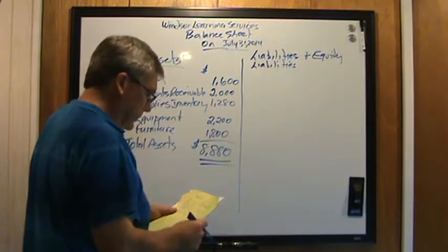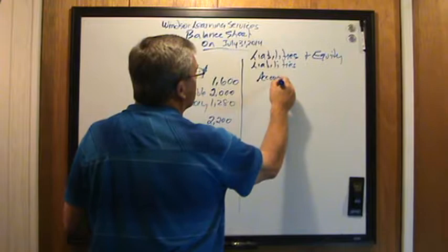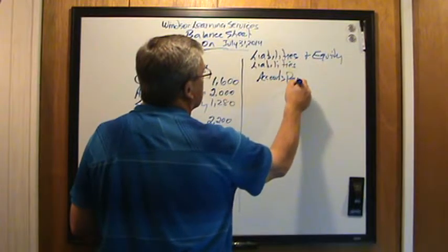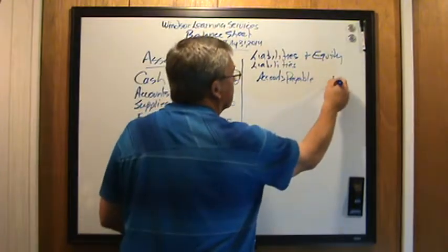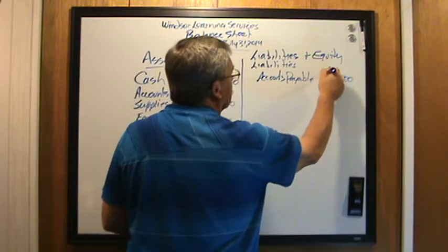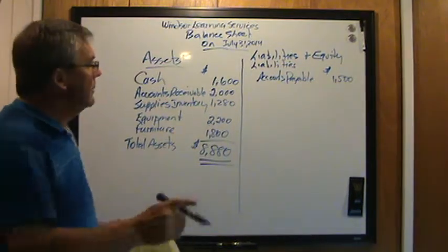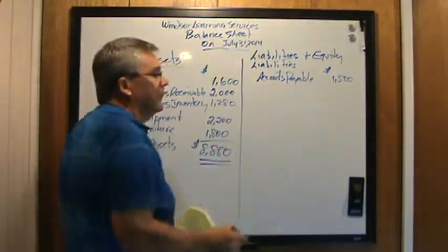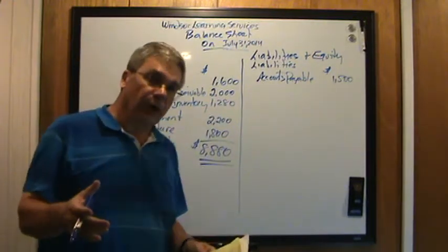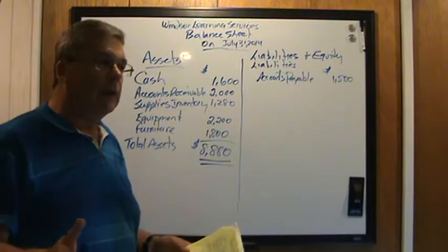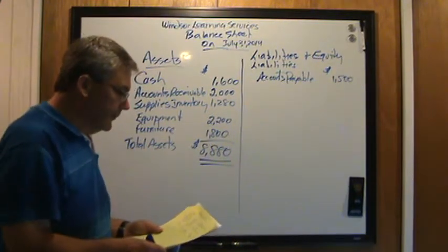We have accounts payable, $1,500. Starting a new column, dollar sign at the top. Accounts payable is the only liability we have. If we were classifying this statement, that would be a current liability, right?